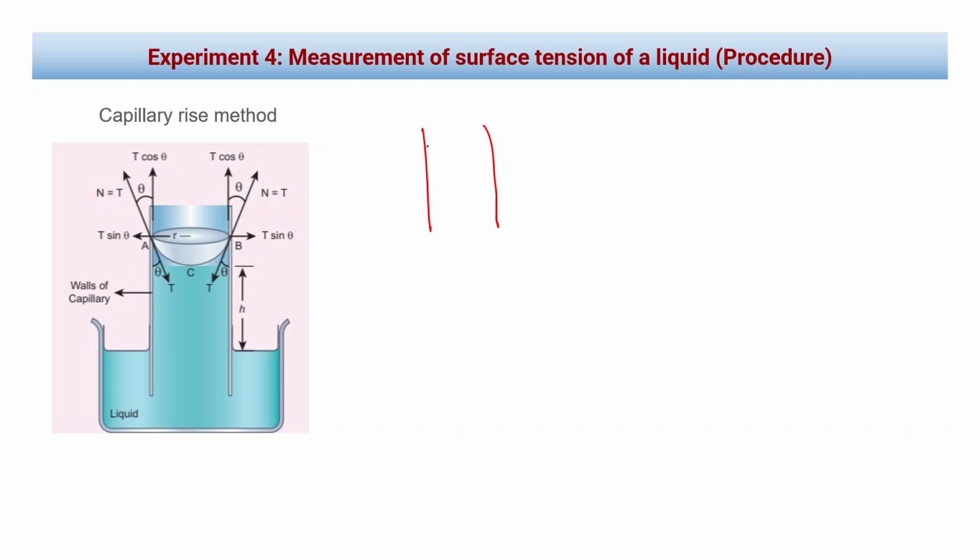It will rise something like this. It will make a sphere, actually a half hemisphere. If the radius of this capillary tube is r, this is a hemisphere, so this is r, this is r, this is r, and say the liquid was here, so this will be h.